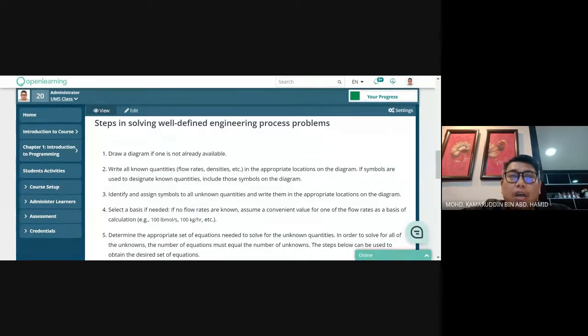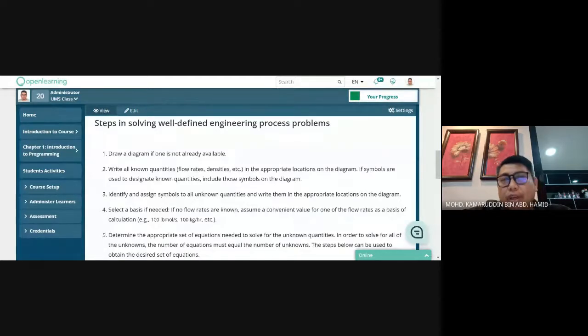Density, what else? Heat capacity, CP. All those heat of vaporization, all those are constant, unless stated that it is a variable. It can be a variable if it is a function of the 4 variables tadi.